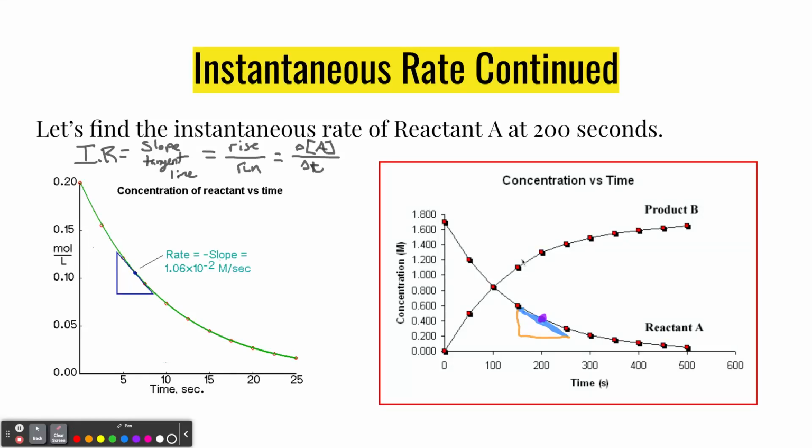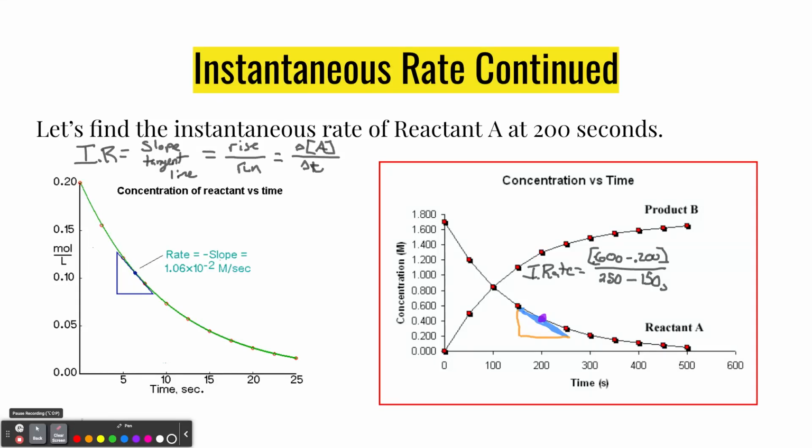So when I go to plug this in, my instantaneous rate is going to equal, so we're starting at 0.2 molar and we're going up to 0.6, right? So 0.6 minus 0.2, that's my rise, divided by my run, which is going to be roughly 250 seconds minus 150 seconds.